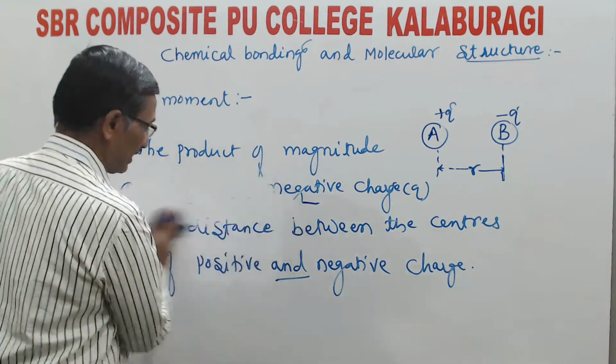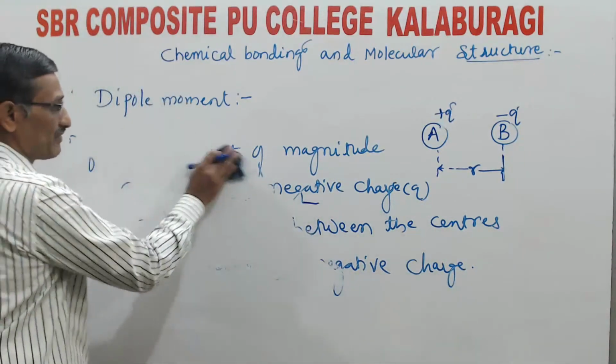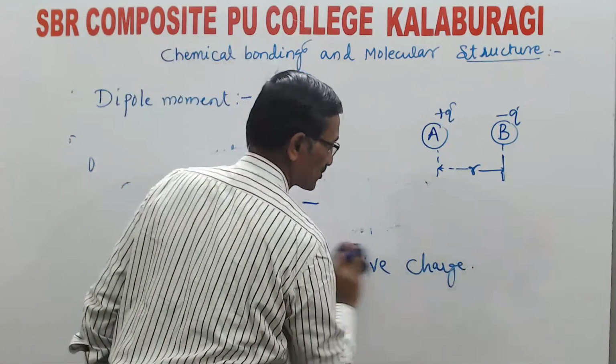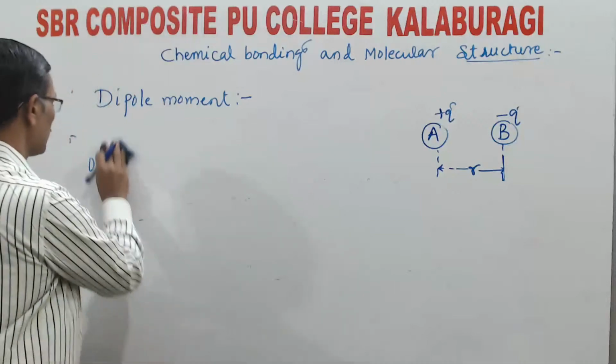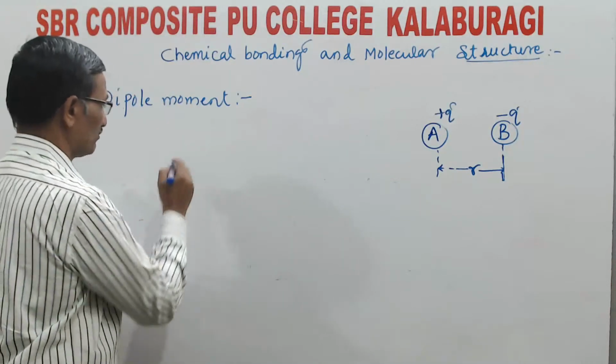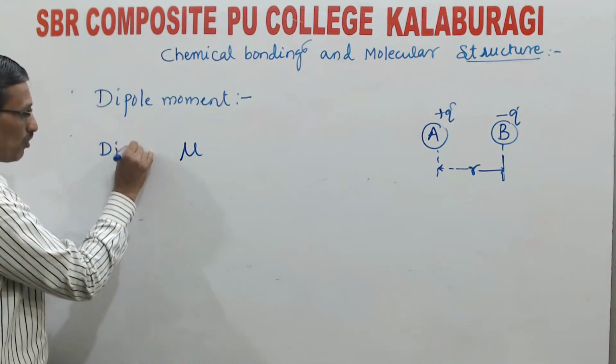Mathematically, the dipole moment is given by this expression. It is denoted by the Greek letter mu.